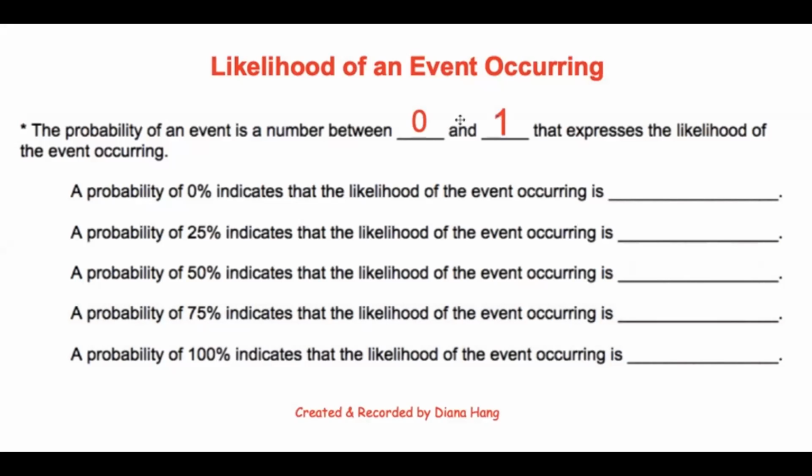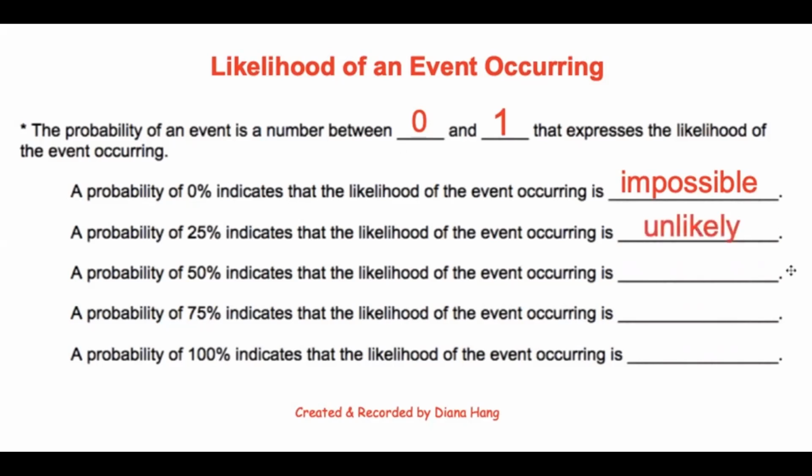So once you get a probability of, let's say, 0%, it's associated with the likelihood of that specific event occurring as impossible. If the probability is 25%, then the likelihood of that event occurring would be what we call unlikely.